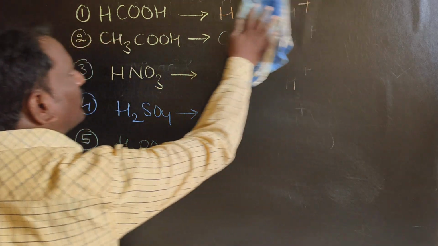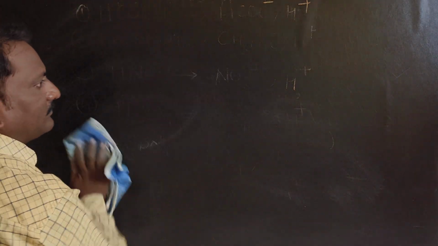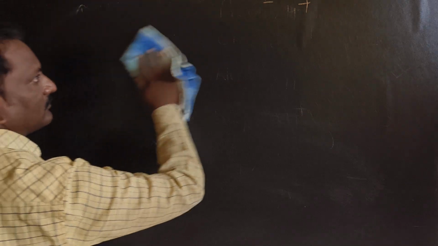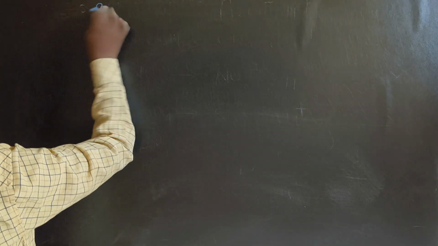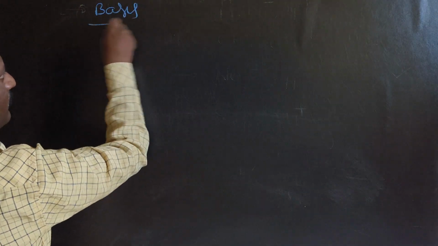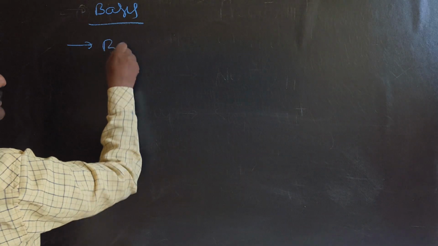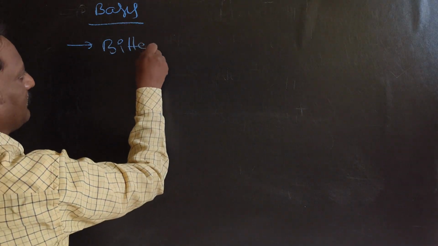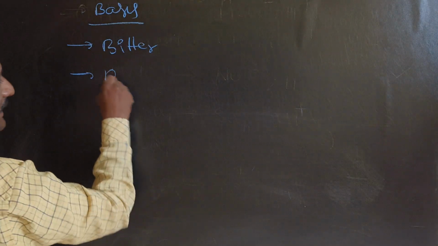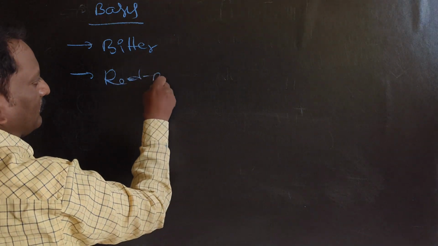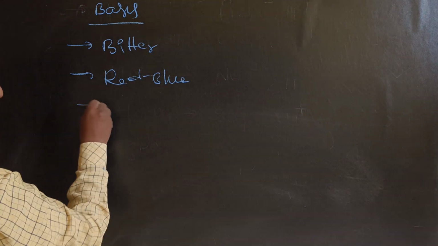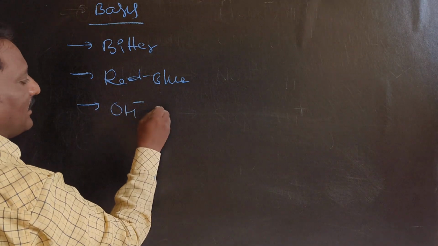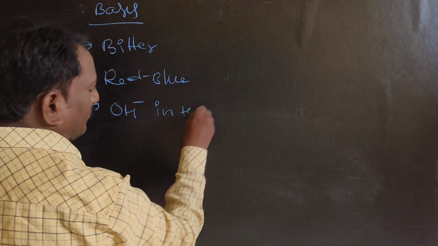Next, let us have a talk regarding bases. Bases are generally bitter in taste. They turn red litmus to blue. They produce OH minus ions in water.